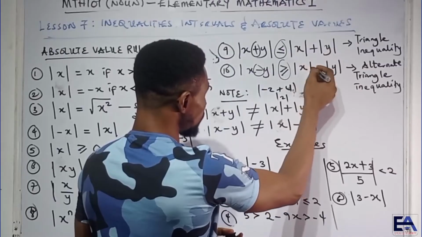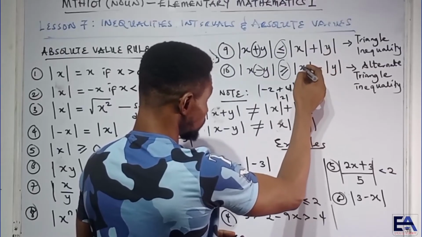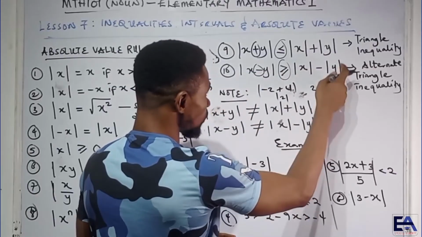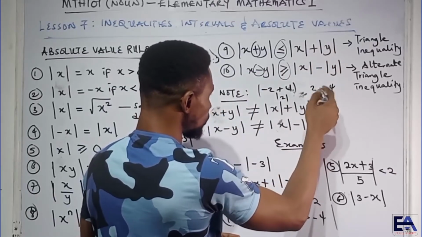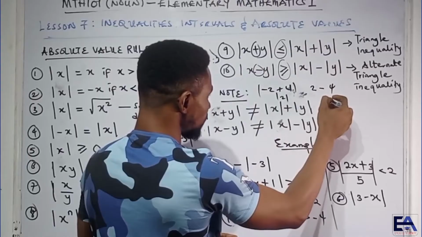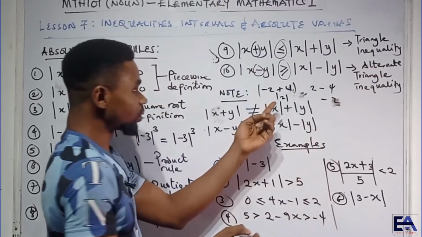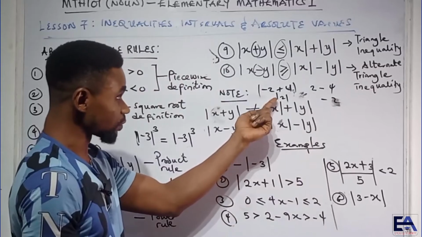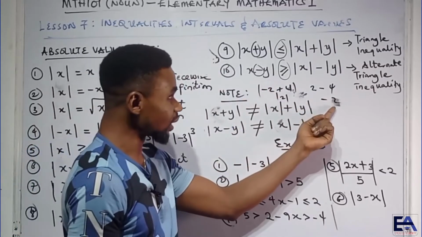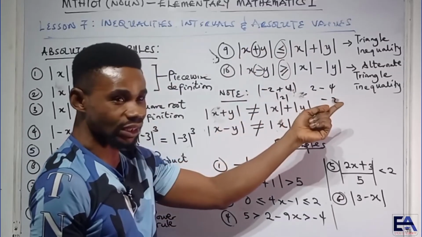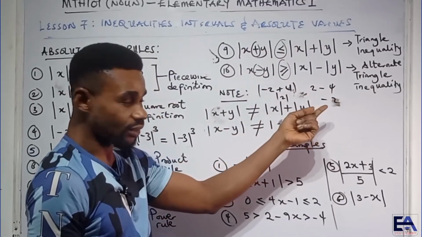Now the absolute value of minus 2 gives you 2, then minus the absolute value of 4 gives you 4. So 2 minus 4 gives you minus 2. So we got positive 2 on one side, but negative 2 on the other side. Is positive 2 not truly greater than negative 2? It is. Do you understand?